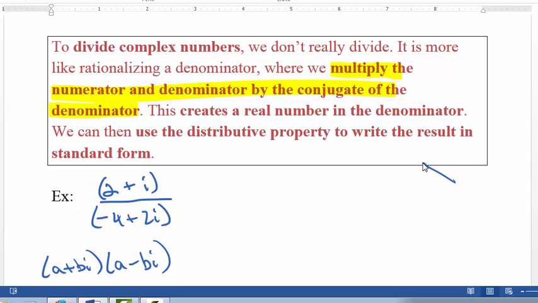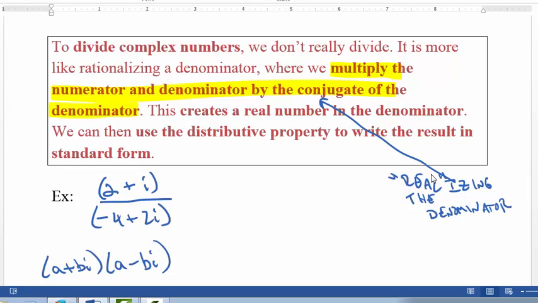So rather than call this rationalizing the denominator, what I like to call it is realizing the denominator. Because what are you trying to do? You're trying to turn the denominator into a real number, right?